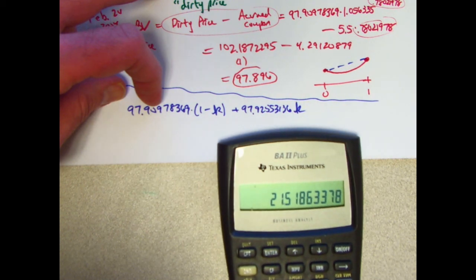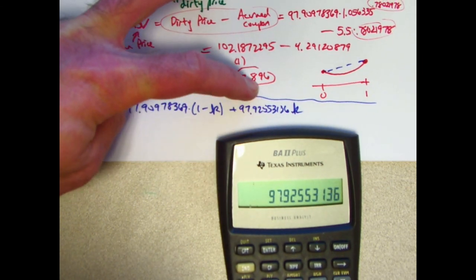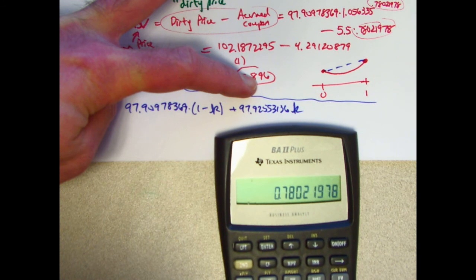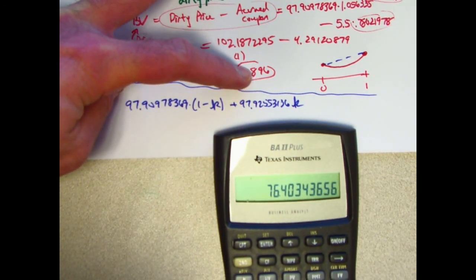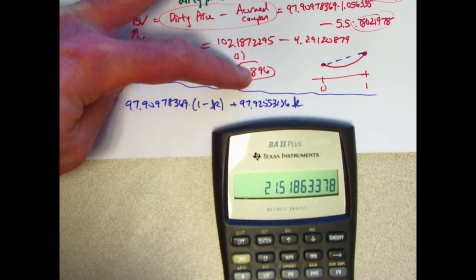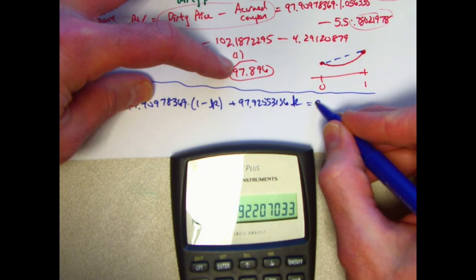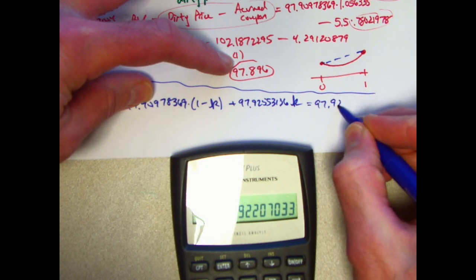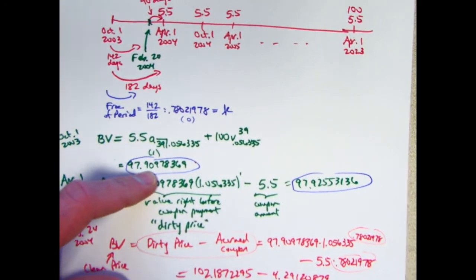Now take 97.92553136, this number here, times what's in register 0, times k, to get that, 76.4034. Add that to what's in register 1. So the practical method would give an answer of 97.922, which is between these two numbers, really as it should be.